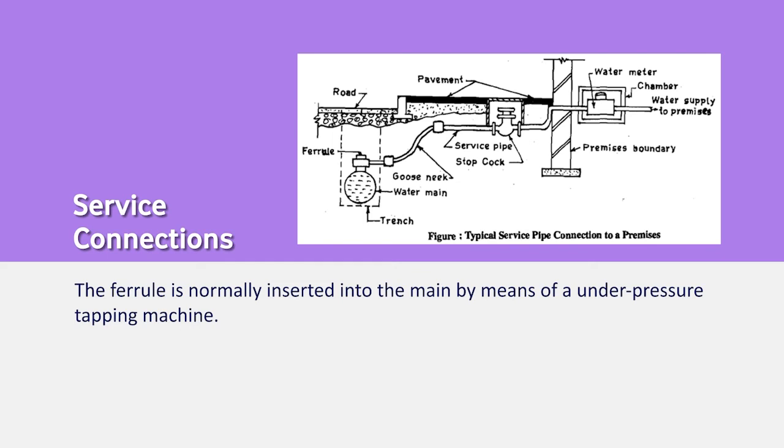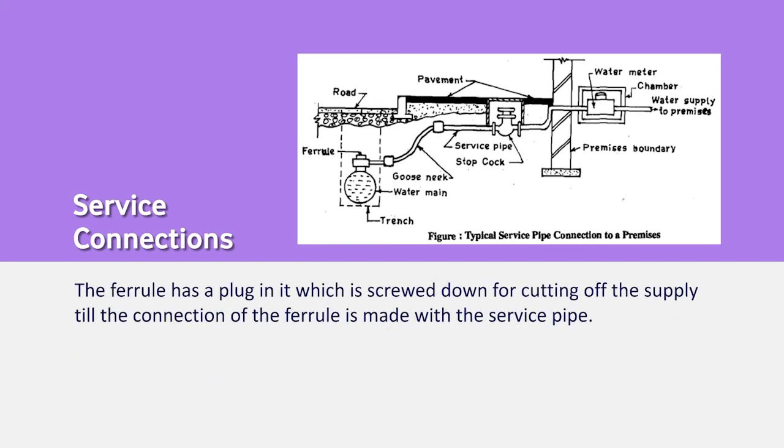This bores a hole into the main and taps a screw thread in the hole, and then, by rotating the head of the machine, the ferrule is brought into position over the hole and screwed into it. The ferrule has a plug in it which is screwed down for cutting off the supply till the connection of the ferrule is made with the service pipe.